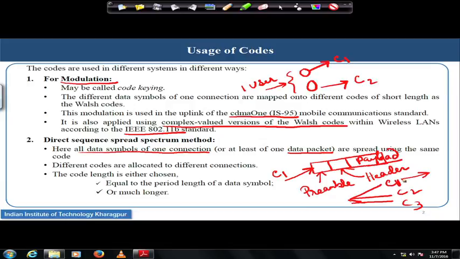When different codes are allocated to different users, we say the codes are utilized for multi-user communication.